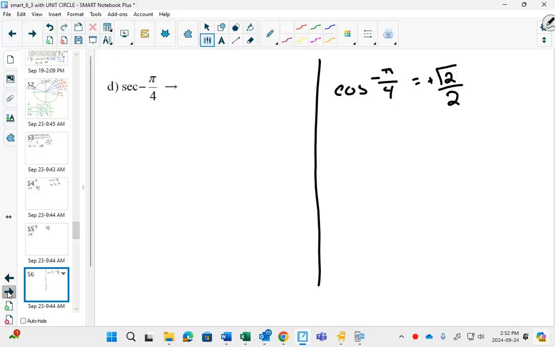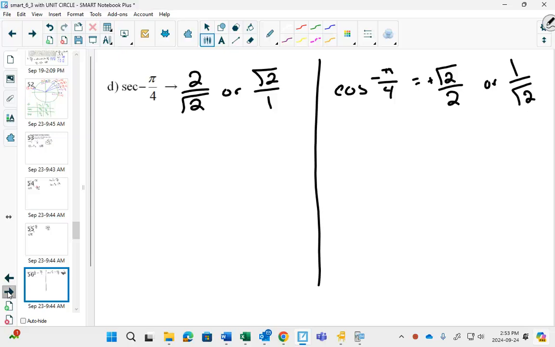Do you remember when we did the special triangle that we originally had written it as 1 over root 2? Okay? So if you had cos of negative pi over 4, you're allowed to write it either as root 2 over 2 or as 1 over root 2. When you do secant of negative pi over 4, you can either write it as the flip of root 2 over 2 or the flip of just 1 over root 2, which is just root 2, but you can write it as root 2 over 1.